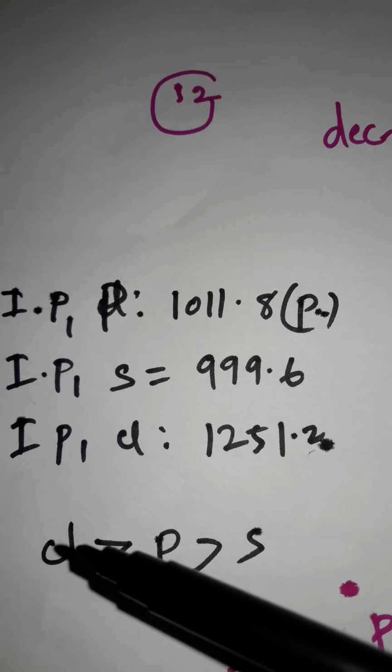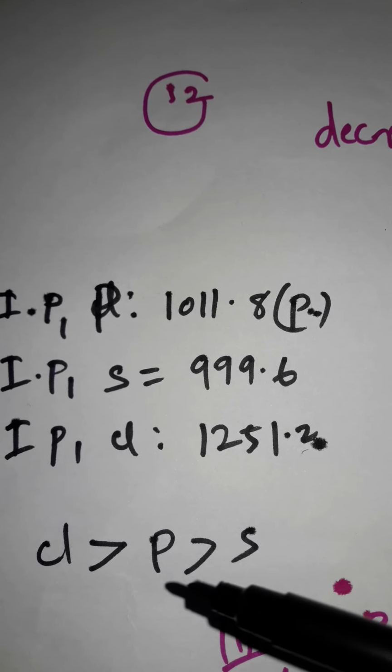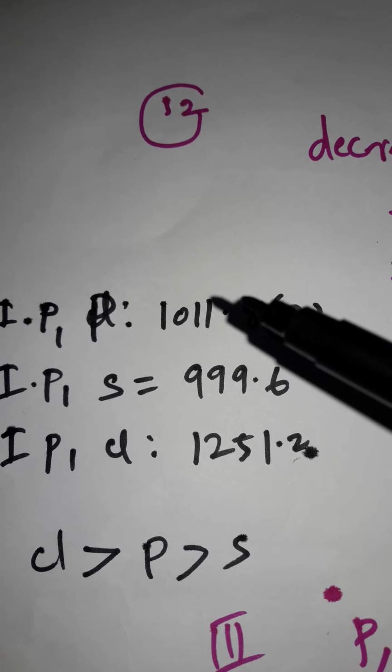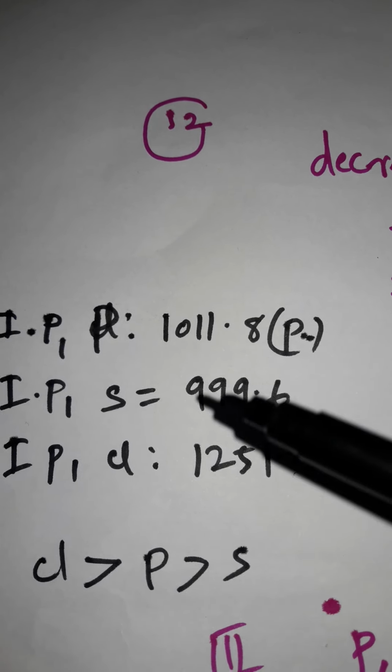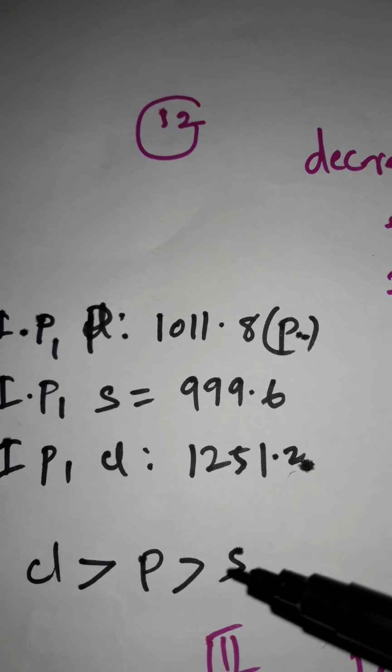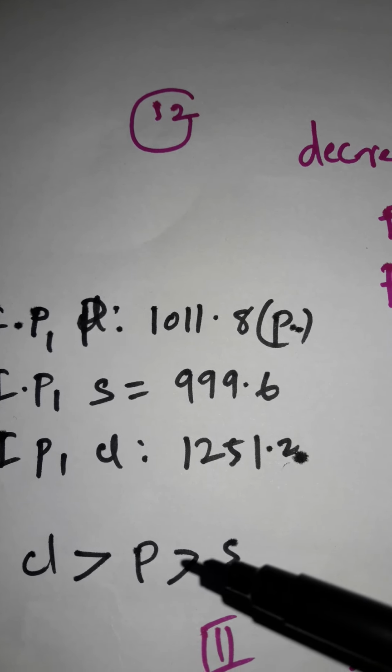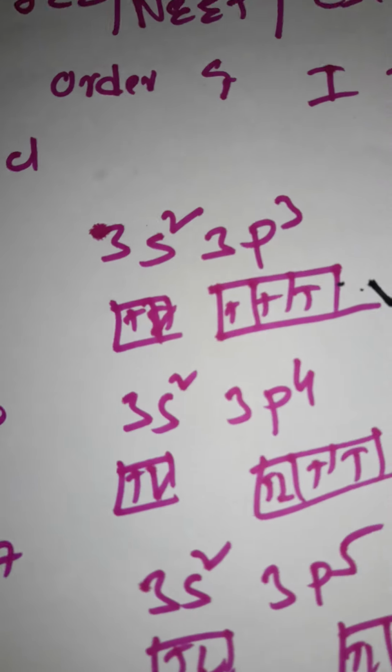Chlorine has the highest IP. Don't think sulfur is next; the next is phosphorus, because phosphorus has a half-filled configuration. Then the next is sulfur. Or you can write sulfur less than phosphorus, less than chlorine.